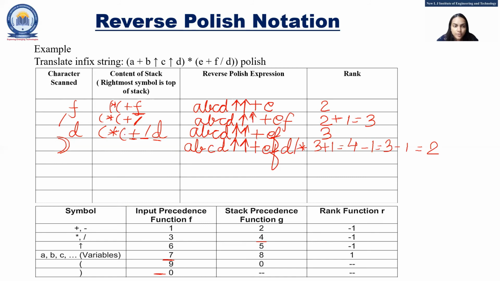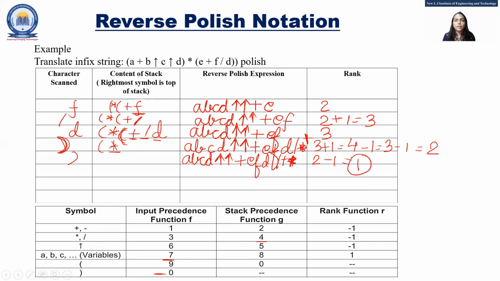Right? Now this precedence and this precedence are equal. So it would be popped. Now we are left with just opening bracket and star. Now we have one more closing bracket and this time star will also get popped. A, B, C, D plus E, F, D slash star. Sorry, here it is plus, right? And here it is plus and then this time it is a star. So 2 minus 1, we have rank 1, right?